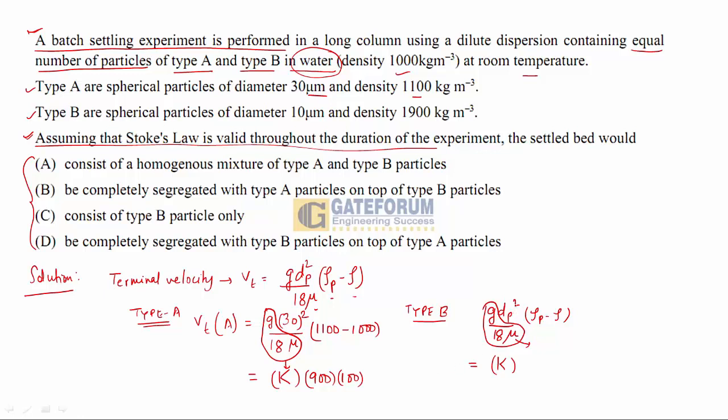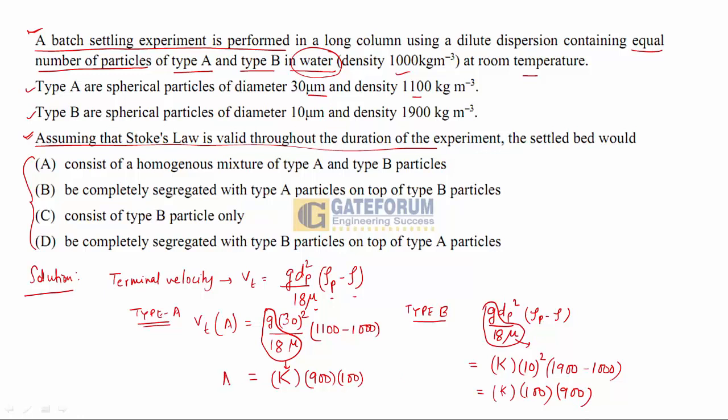And this dP in the second case, what is our diameter of the particle? It is 10 micrometer, and again as I said before, I will not change the unit of dP, so 10 micrometer, 10 square. Rho p is how much? 1900, minus rho, how much? 1000, so it will be K into 100 into 900.